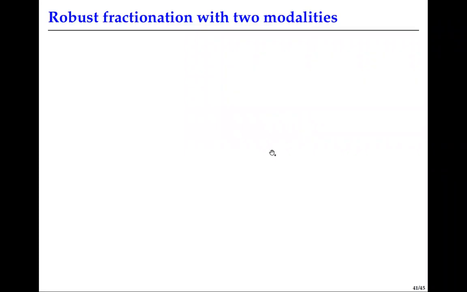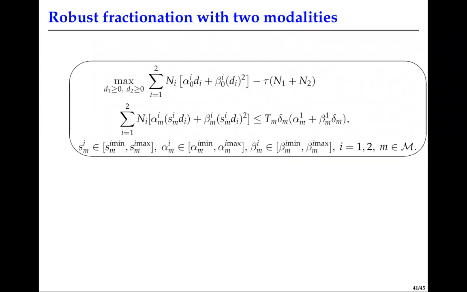And again, just like we discussed the robust counterpart of the single modality problem, you can also think about a robust counterpart of this two modality problem. Again, I'm not going to spend too much time on this, but the constraints in their form are the same as before. But now let's look at the case where these pairing factors have an interval uncertainty, and the alpha and beta parameters also have interval uncertainty.